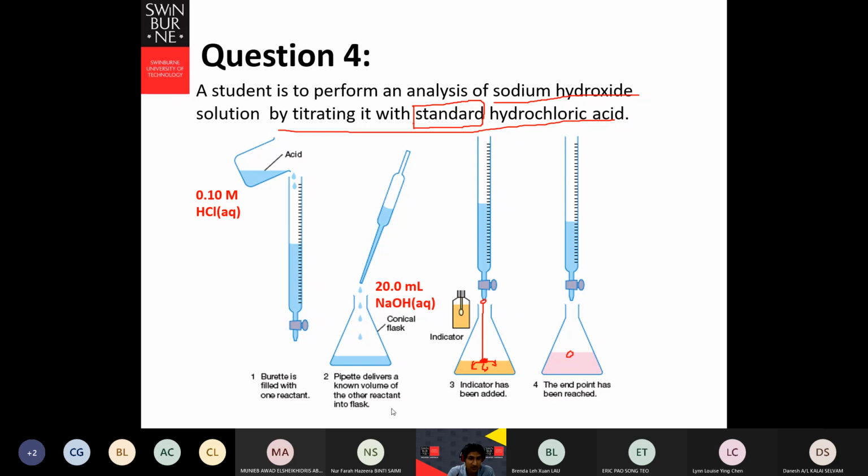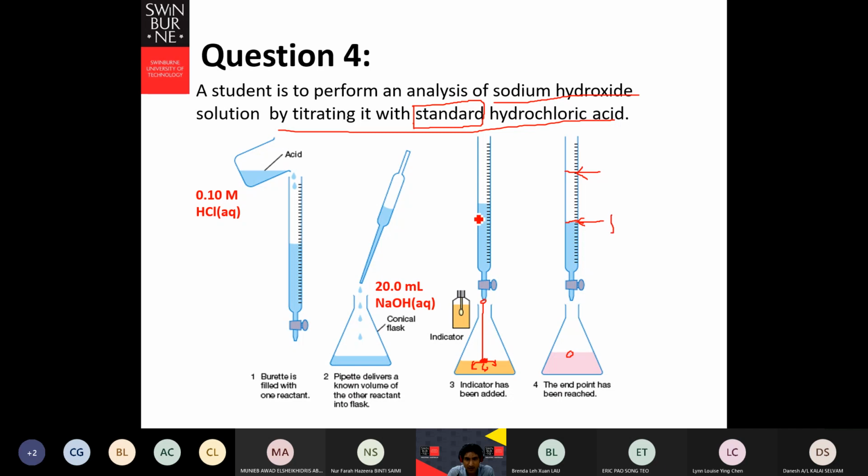So at that moment, we can take the volume of the HCl that we added. Let's say we started from here and the end point is here. So we know the difference.